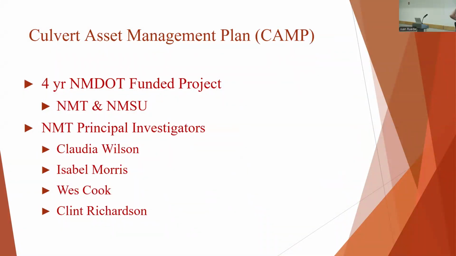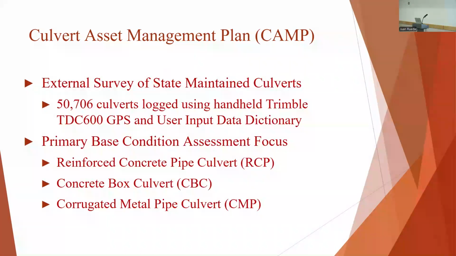So, I'm going to talk about our project here. It was a 4-year project funded by the DOT. It was a joint project with New Mexico Tech and New Mexico State. Here are the PIs and my partners in crime. So we surveyed with the help of about 45 students employed during the summer.